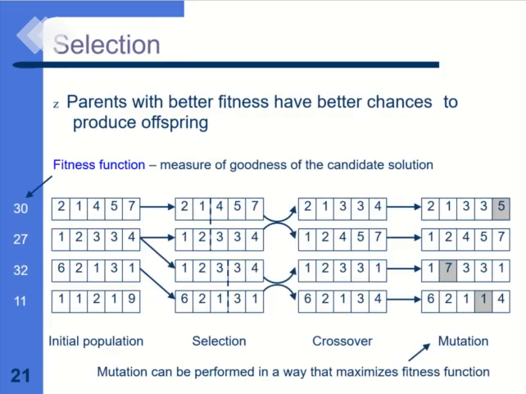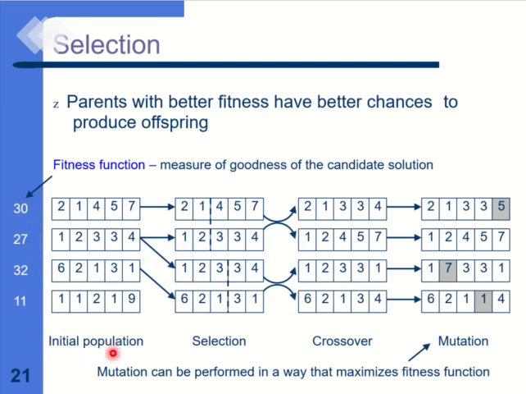Now for the selection part, the parents with better fitness function values have better chances to produce offspring. So after we generate the fitness function, let's say the fitness values for these parents, x1, x2, x3, x4, are 30, 27, 32, and 11.